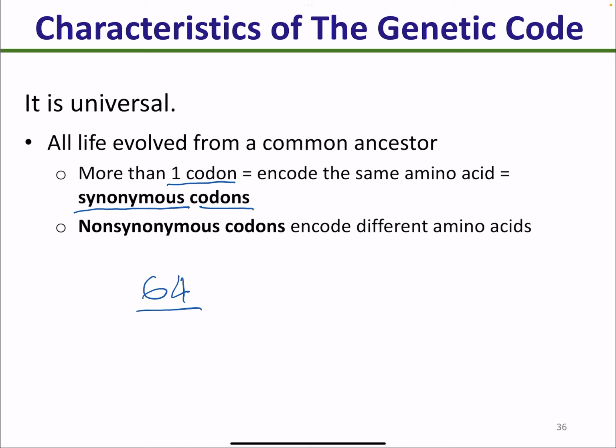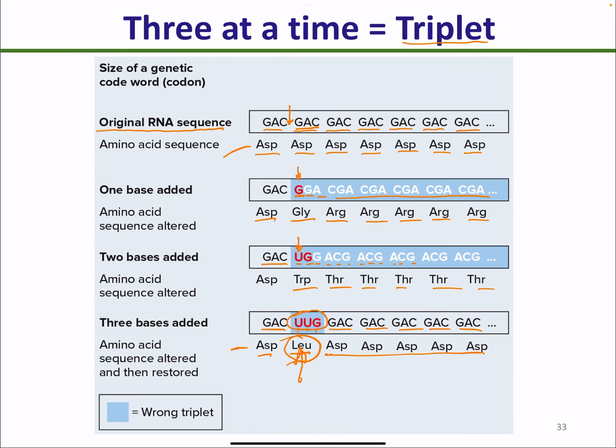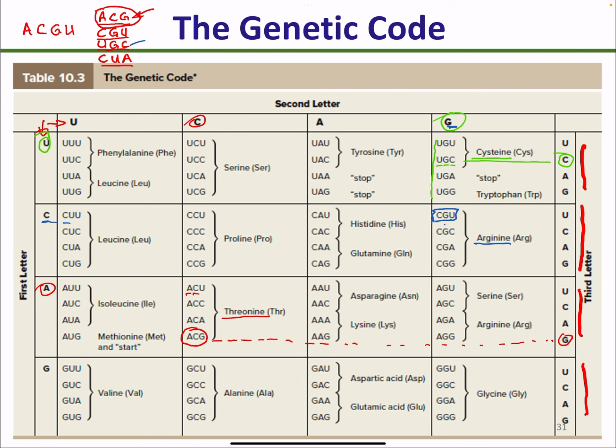Then you have codons that are non-synonymous, which produce a different amino acid. For instance, let me go to the genetic code right here. So, what are the synonymous codons?